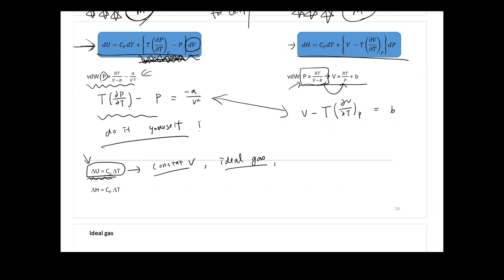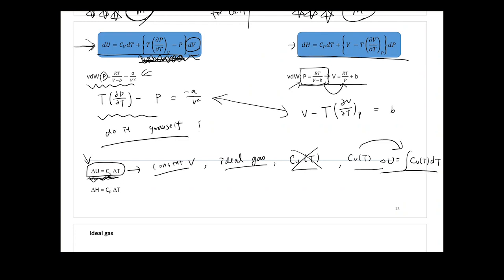Another thing is that here the CV could be temperature dependent. If you want to just write CV delta T, then you need to know your CV cannot be temperature dependent. If CV is temperature dependent, then your delta U is going to equal the integral of CV as a function of T dT.